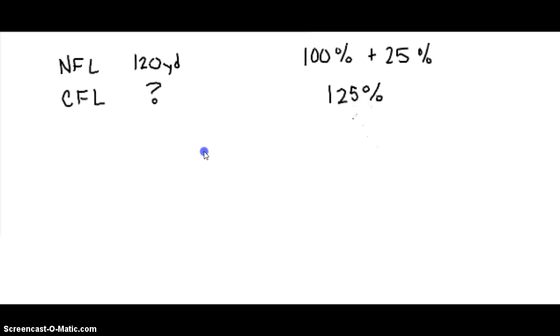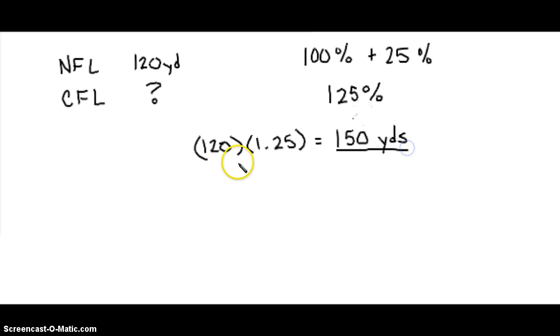So what we'll do is take 120 times 125%, which is the same as 1.25, and we're going to find that that length is 150 yards for the Canadian field. Notice we took the original and multiplied it by the percent.